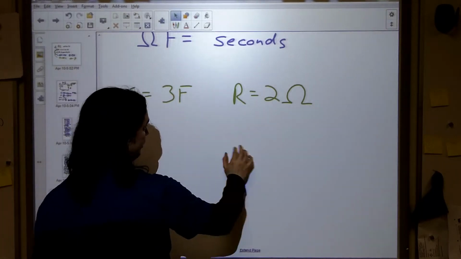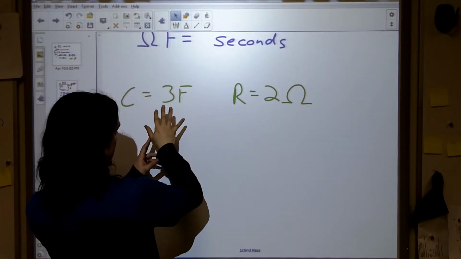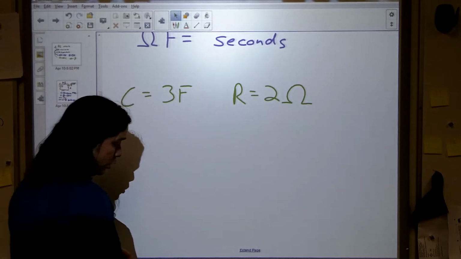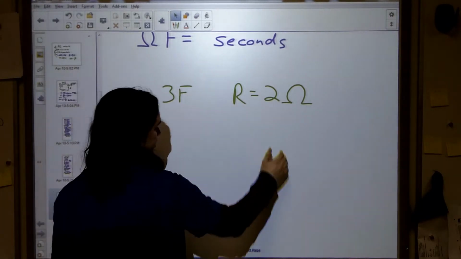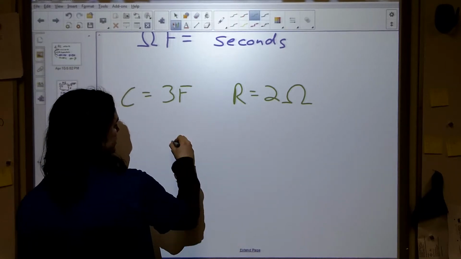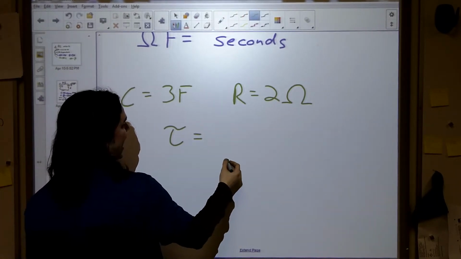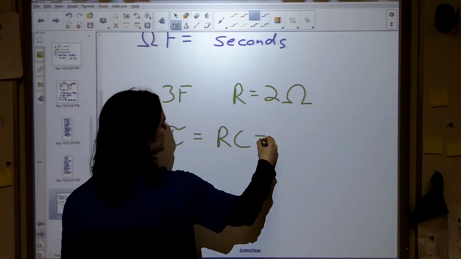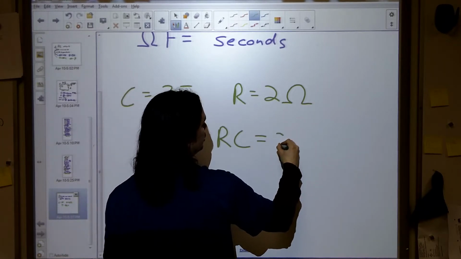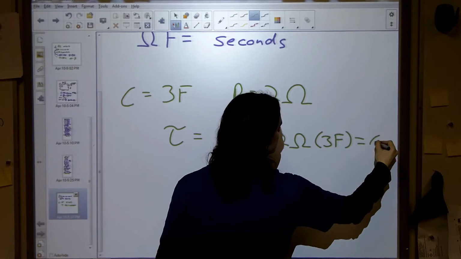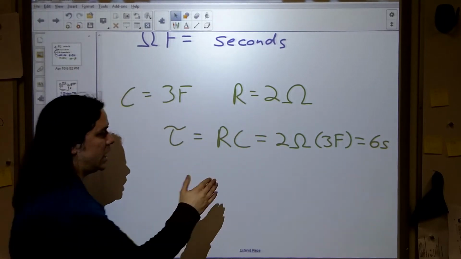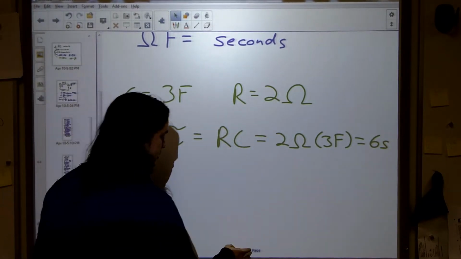So we could have 3 microfarad or 3 millifarad and 2000 ohms. That would be far more realistic, but I'm going to keep it kind of simple. My time constant, which we sometimes refer to as tau, is going to be equal to RC, and it will be equal to 2 ohm times 3 farad, which gives me 6 seconds. My time constant is 6 seconds.